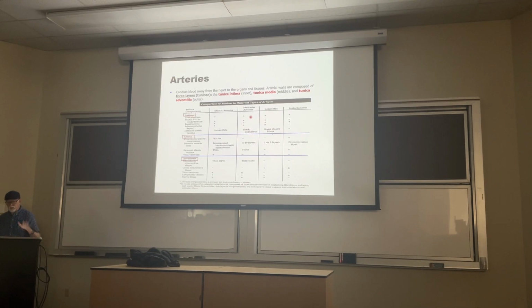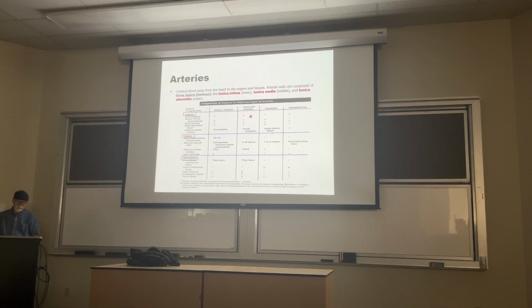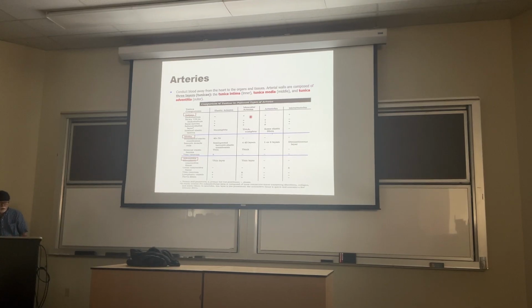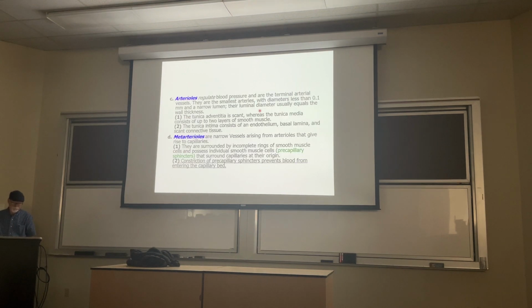Obviously, it's going to be easier to see when we're actually comparing these, looking at actual histological images of them. Here's the arterioles. They're not very big, but they do still have layers of smooth muscle.